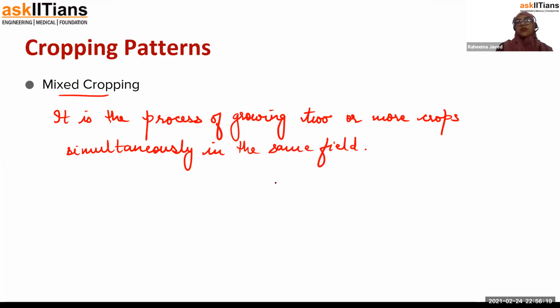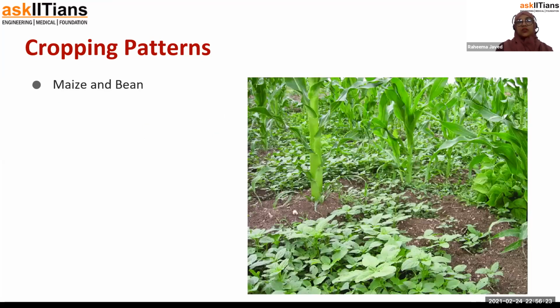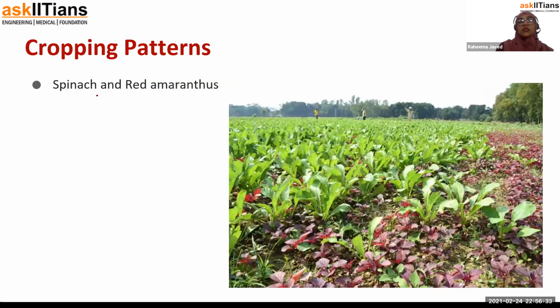Okay, some of the examples we will see through these pictures. So in this picture, maize and bean are grown together simultaneously in the same field. The second picture shows spinach and red amaranthus.